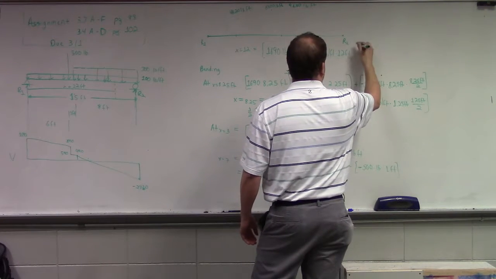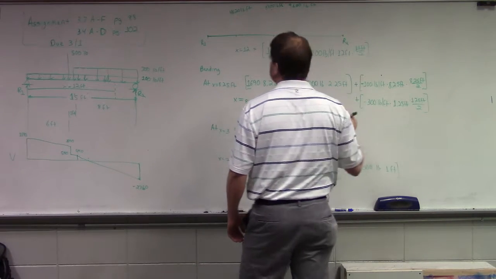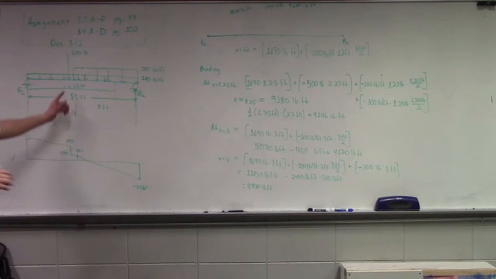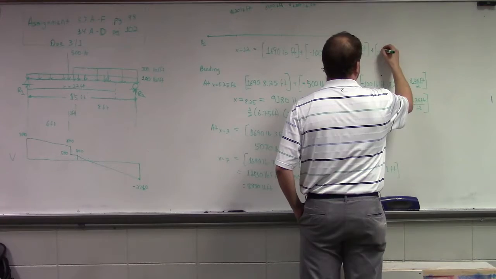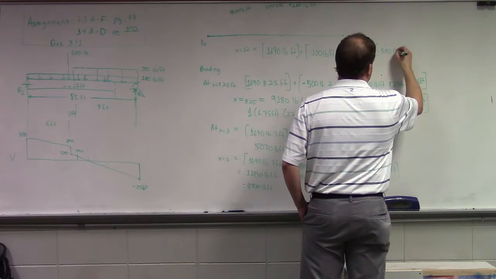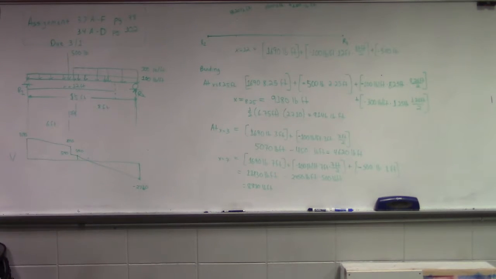What else is there? And 300 starts at 7 feet? 300 starts at 7 feet, yep. Oh, we have to do 500. How far away? So that comes at 6. 6 feet away, yep.